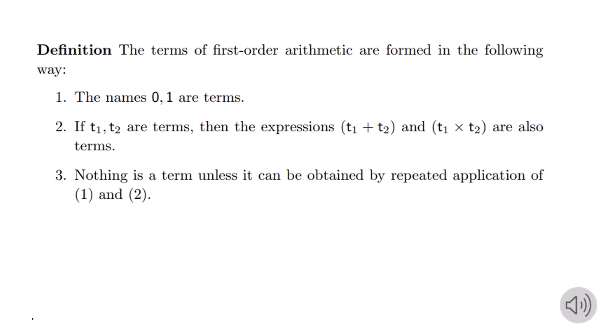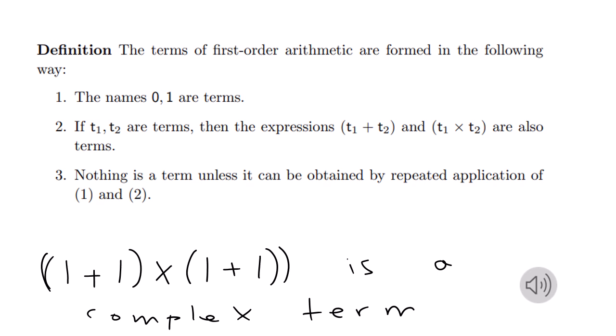So let me give you an example. Here is a complex term that's been built up by repeatedly applying these rules. First off, we note that 1 is a term, and therefore we can form 1 plus 1 with parentheses on the left and right. That would be applying the first rule and the second rule once. So 1 plus 1 with those parentheses is a term.